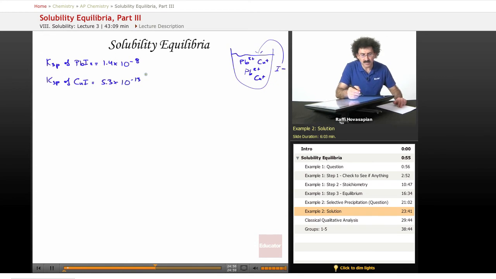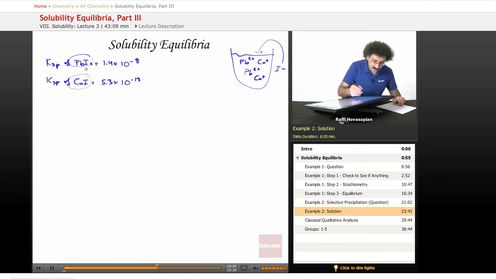We know that one of them is going to precipitate first, probably this one, simply because it has a higher KSP. Well, the problem is PbI2 and CuI, you can't compare them directly. And the reason is because they don't produce the same number of ions upon dissociation. So you have to run the mathematics. If they actually produce the same number of ions, then yes, you can use the KSP when we discussed relative solubilities. You remember 2 lessons back. But here you have to run the mathematics.